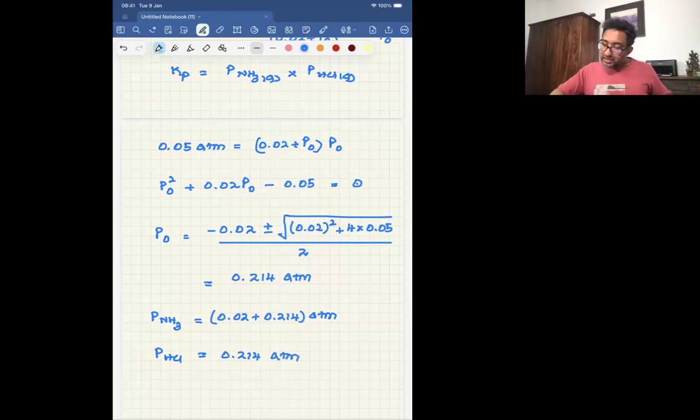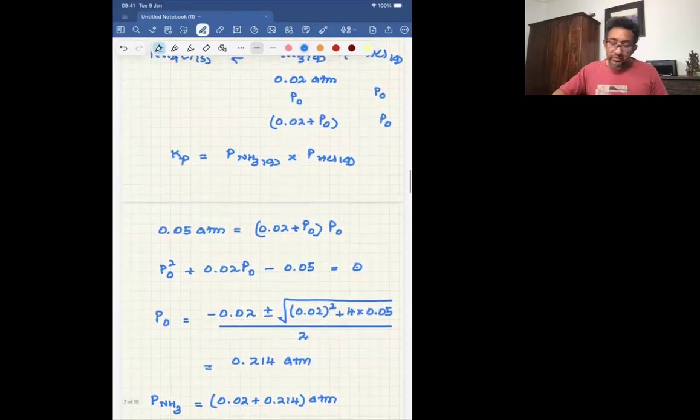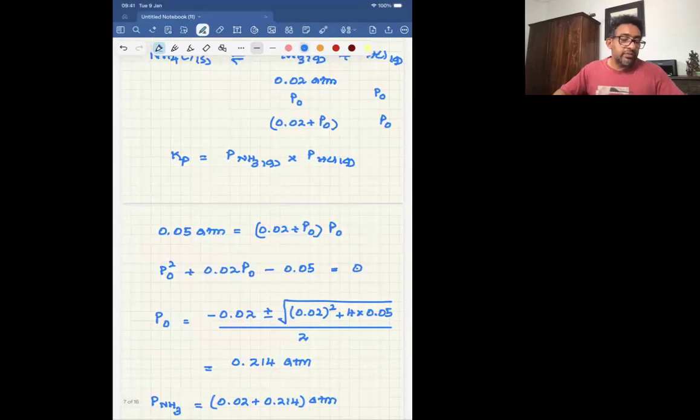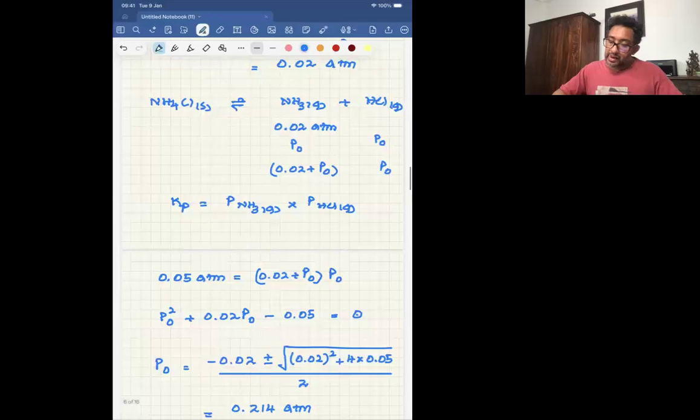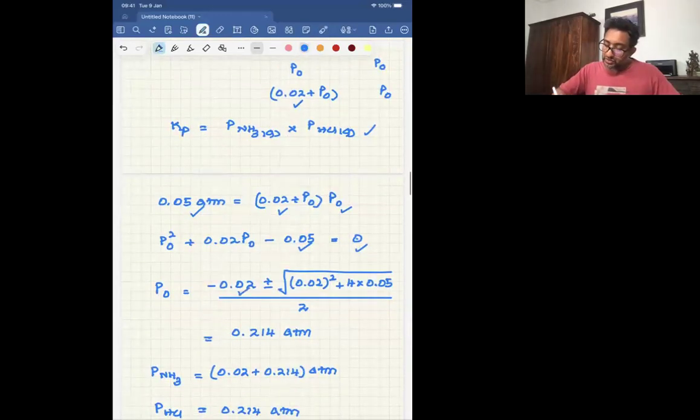But the values here are a little wrong. I don't know, 0.05. Kp value is 0.05 atm. I'm just double checking these ones.